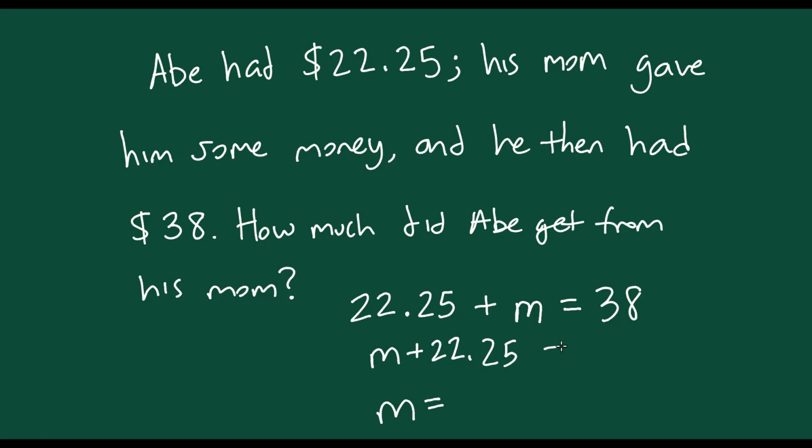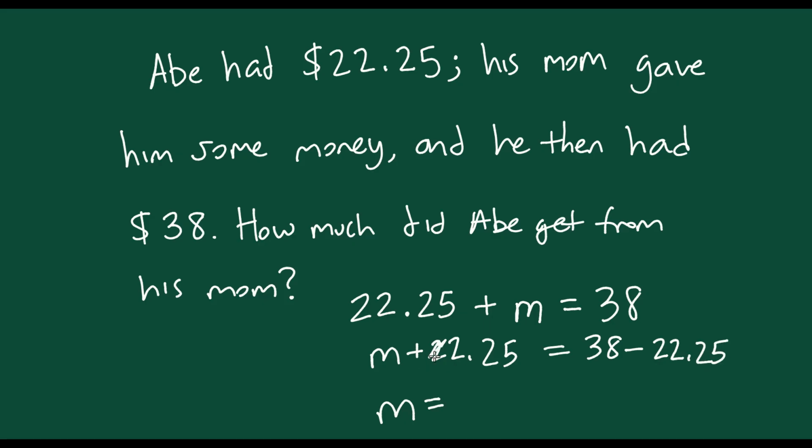Okay, so commutative property. I'm just going to switch these. And then to solve for m, we just need to subtract 22.25 from both sides. Minus 22.25, minus 22.25.